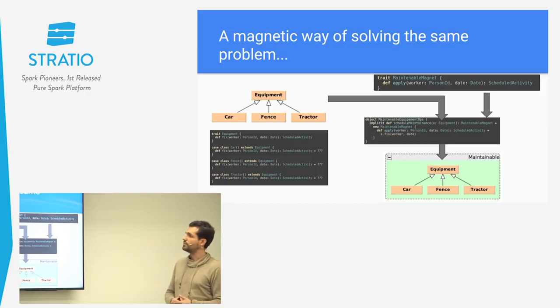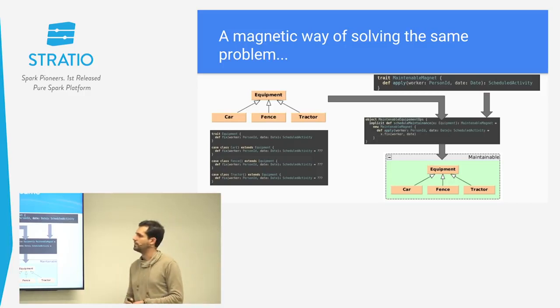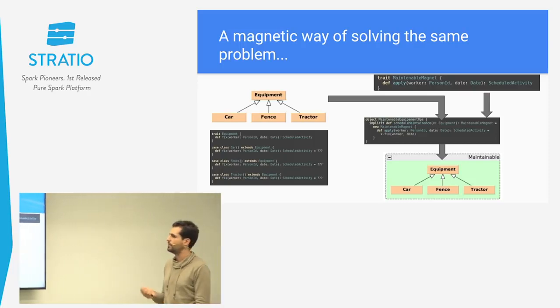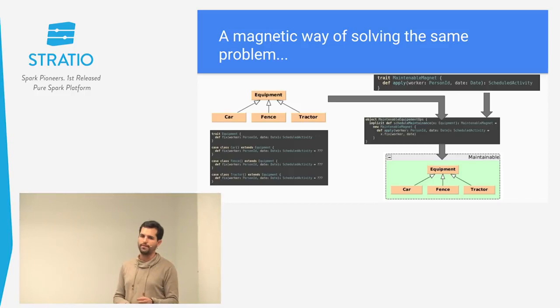And that's all. Whenever you want to run the functionality within maintainable, you just call it as you expect to do it. The compiler will apply the implicit conversion, and you will be able to continue. It's very similar to what we've seen before, but using the other family of implicit things, which are implicit conversions.